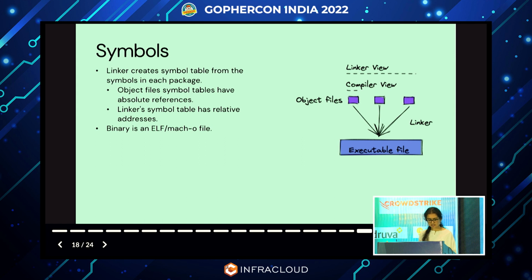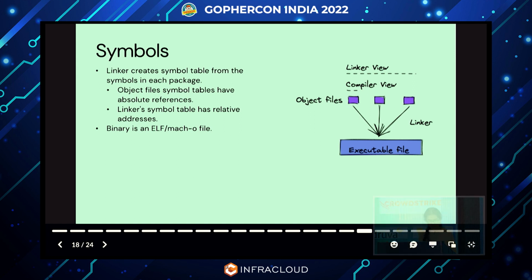So the linker gathers symbols from all referenced packages and loads them into a binary image and calculates an address relative to this image. This is in contrast to the earlier addresses that were relative to the specific object file. So as you can see, a linker has a broader view than what the compiler has. And the linker then relocates these symbols in, and the process is called relocation by the linker.